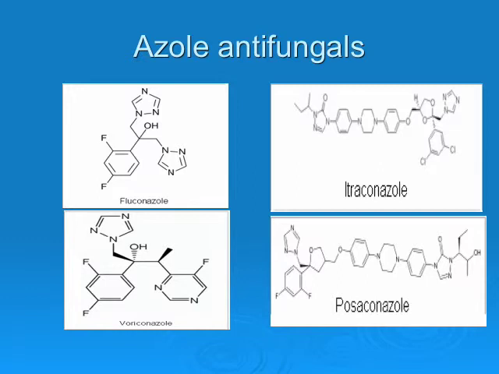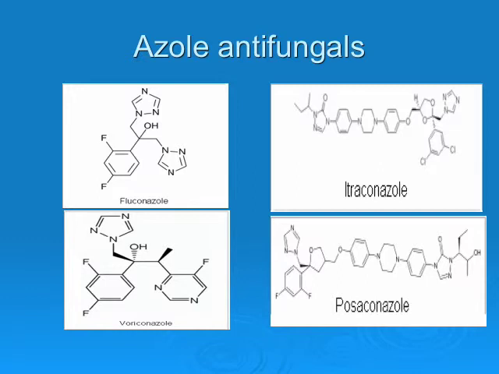These are the extended spectrum azoles that I'm going to focus on. It's a little hard to see the itraconazole, but you see fluconazole and voriconazole have a very similar chemical structure. In fact, voriconazole is manufactured from fluconazole by one single synthetic change.